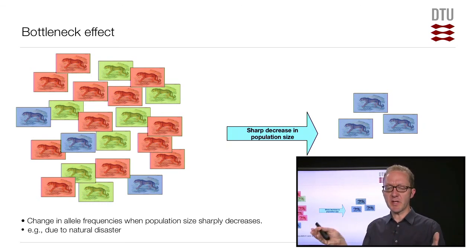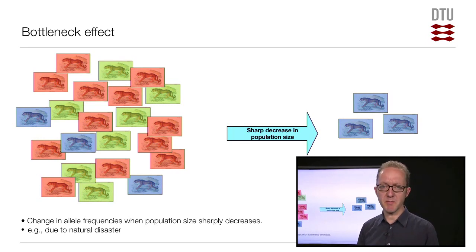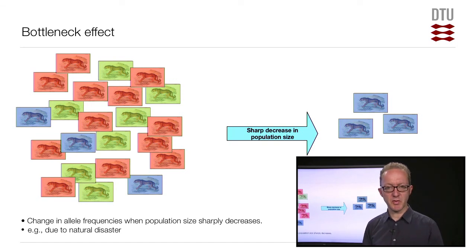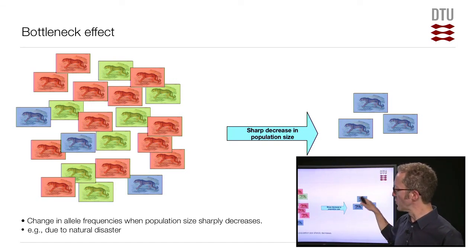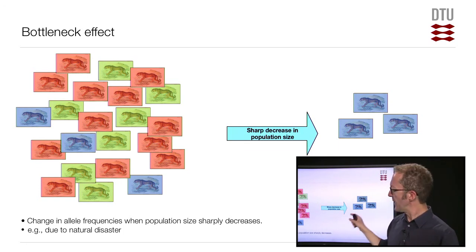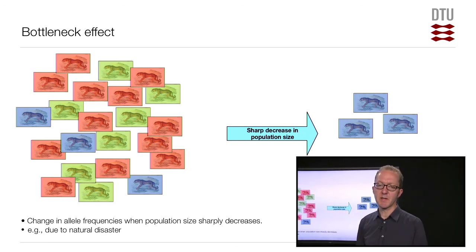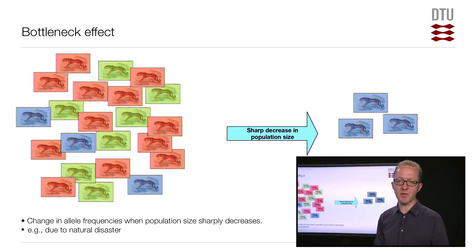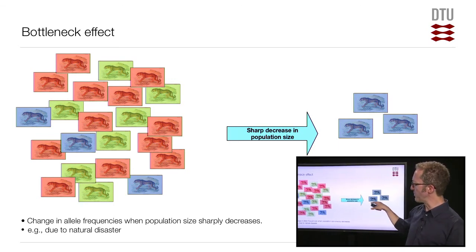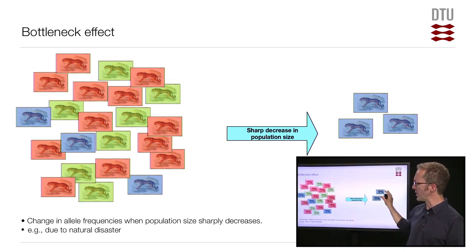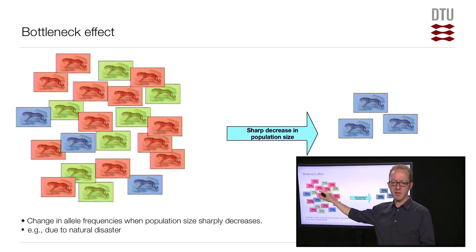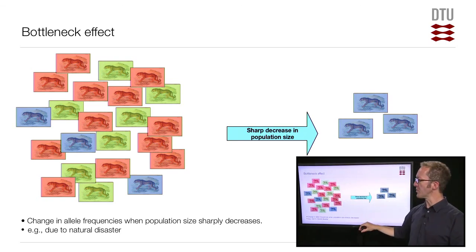If there is suddenly a sharp decrease in population size, for instance, as the result of a natural disaster, maybe a volcano or a tornado or a meteorite or some such thing, so only a few individuals survive, then those surviving individuals, their alleles, the genotypes that they have, will not necessarily be in the same proportions as the genotypes in the original population. In this case, only the blue allele survived, for instance. So the new population will have a much different composition of genotypes than the original population.